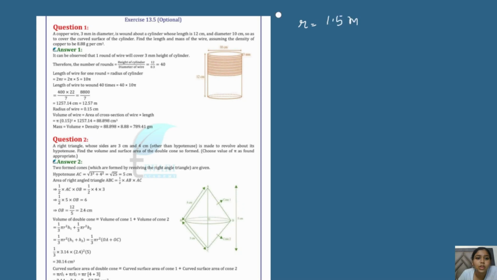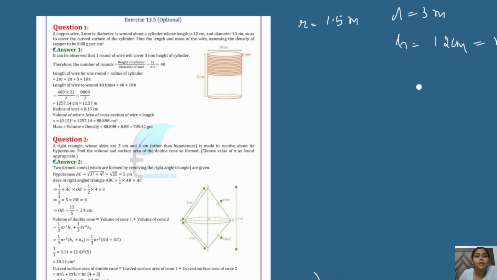The wire is wrapped around the cylinder whose length is 12 centimeters and whose diameter is 10 centimeters, so the radius of the cylinder is 5 centimeters.